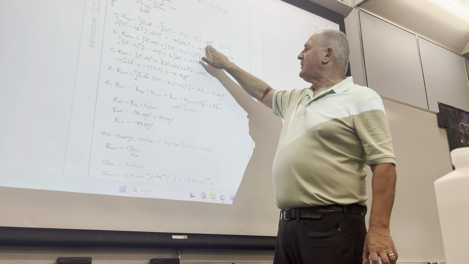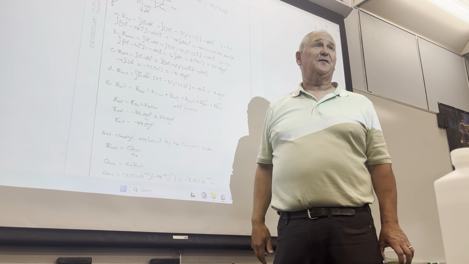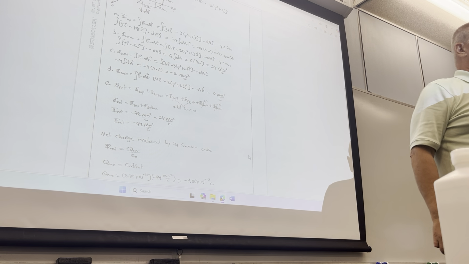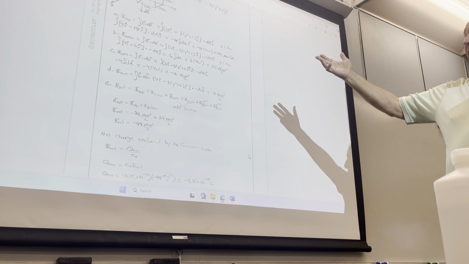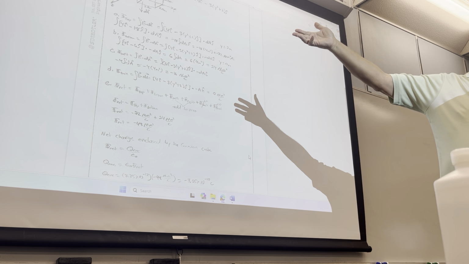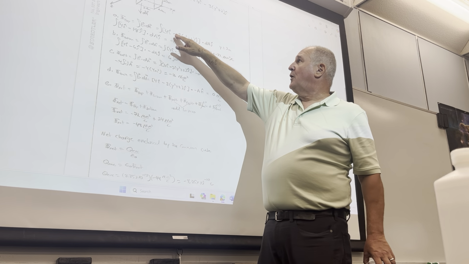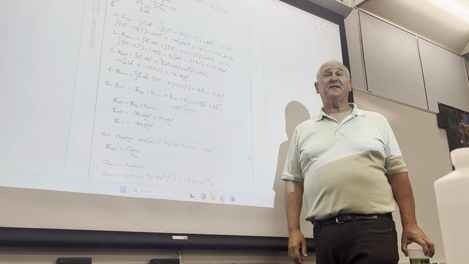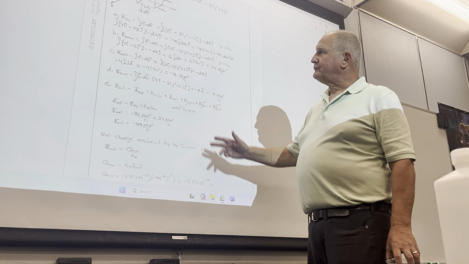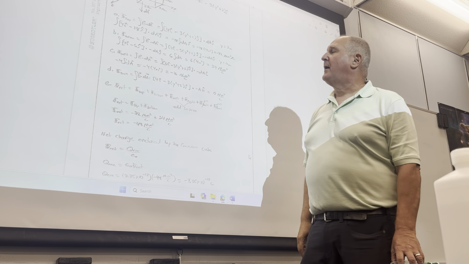Is 4 i hat relevant to the problem? No, it isn't. Your area vector has a 0 i hat, so you take 0 times 4, and that's it. The y term, however, has a minus sign on it, and of course we plug in the 2. That gives us 4 i hat minus 18 j hat.